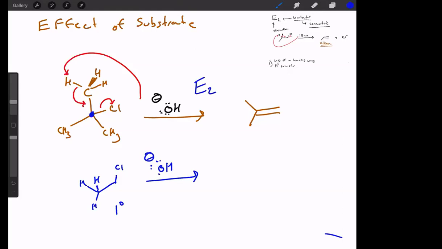For E2, the substrate really doesn't matter so much. But we saw for Sn2, the substrate really was a big deal. So what I want to do is stop right there and pause a nice little beat to decide whether or not anybody's got some questions.